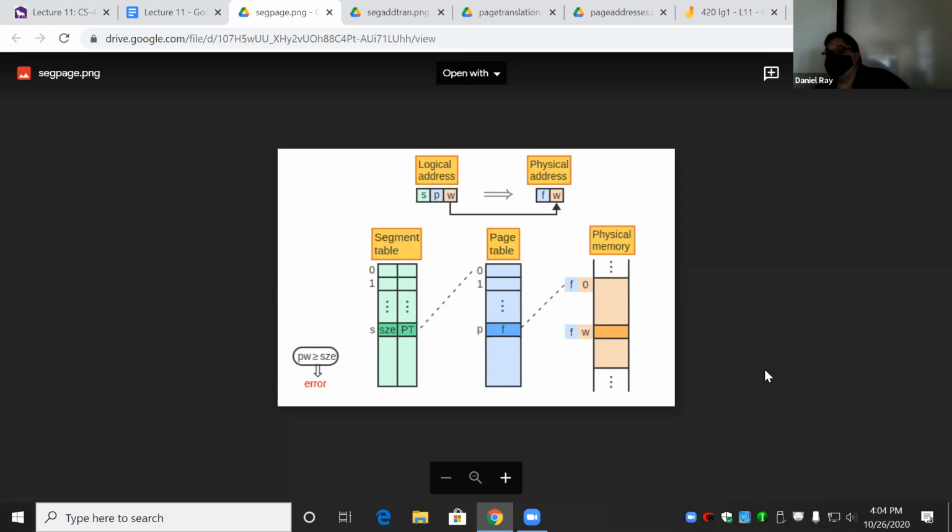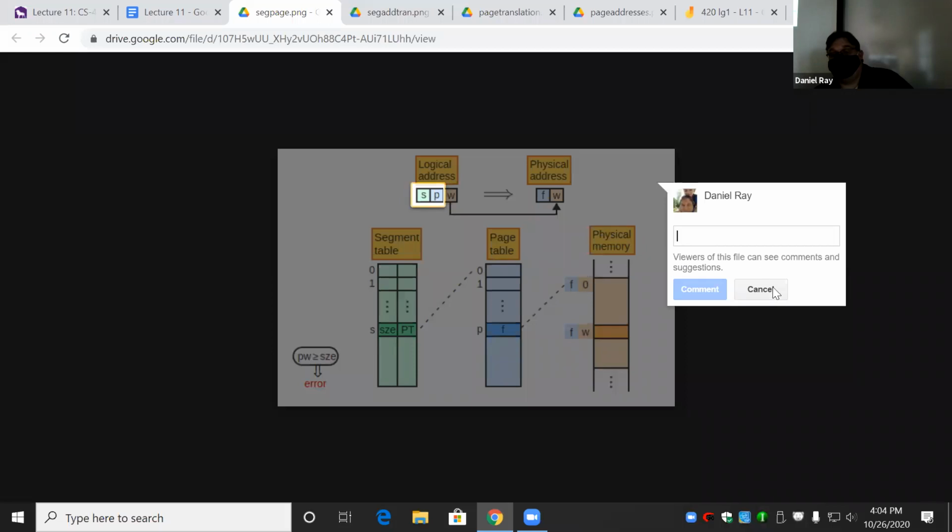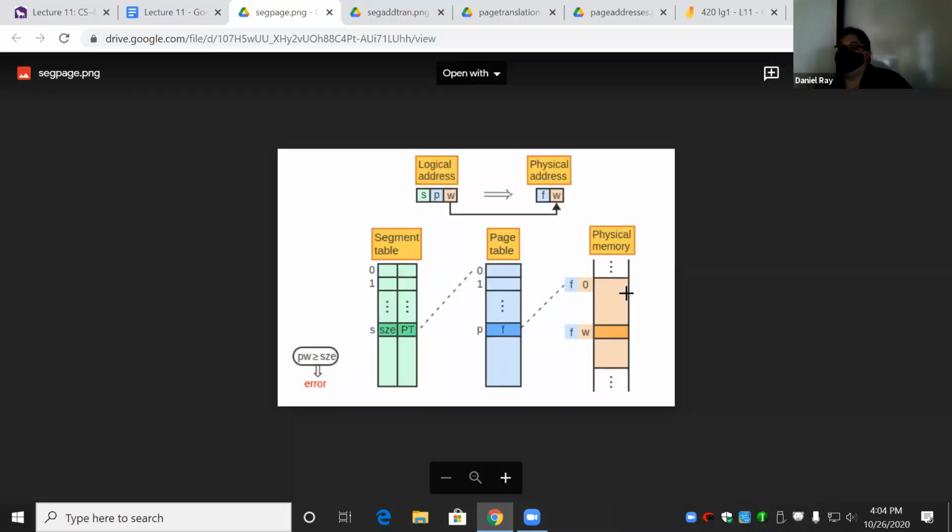So the net result is if we use a translation look-aside buffer, then we're going to run out of room in that buffer, in that cache memory, eventually. Eventually, you're going to ask me for an SP combination, and I'm going to look it up in the translation look-aside buffer, and it's not going to be there.